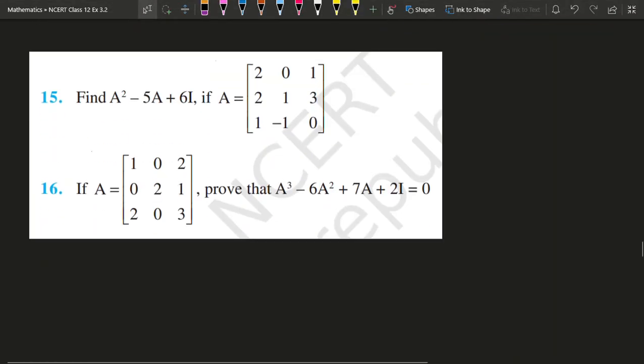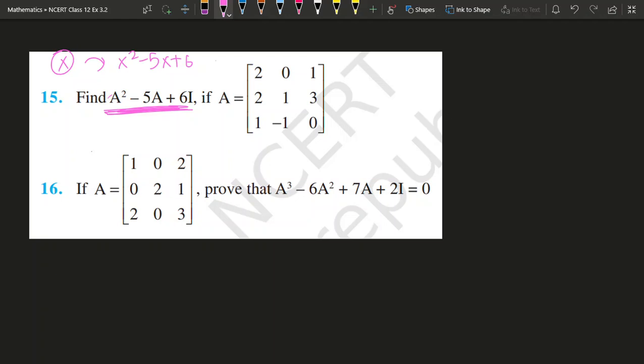Let's move on forward. Now we have two problems that are quite similar. You have to find the value of an expression. So instead of having something like x squared minus 5x plus 6, wherein you would have put some value of x, instead you're having a matrix equation wherein you put a matrix to get the answer.